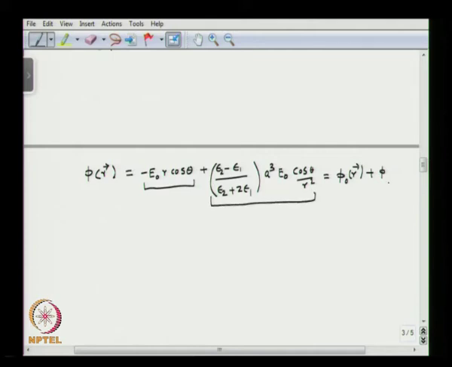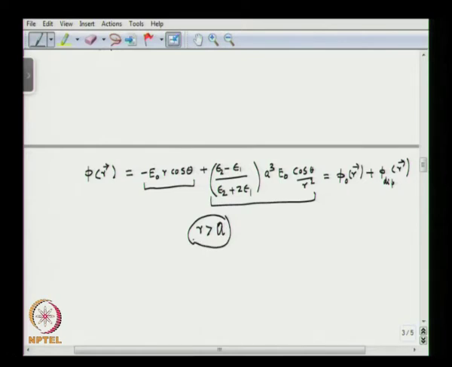Since we introduce a dielectric sphere in which the dipoles get developed, this potential comes from the dipole that gets introduced inside the sphere. So this is the dipole potential, and this is valid for r greater than a.